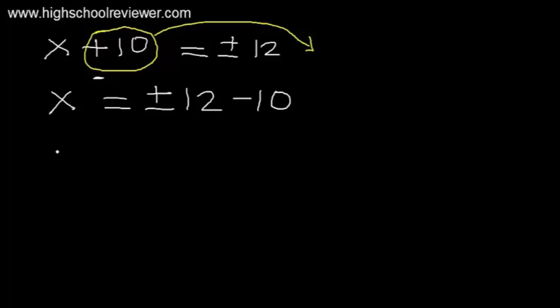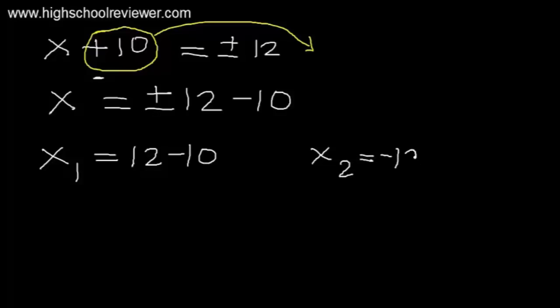Now, to solve for the first value of x, our x sub 1 will be the positive 12, so this will be positive 12 minus 10. And to solve for x sub 2, we are going to use the negative, so this will be negative 12 minus 10.